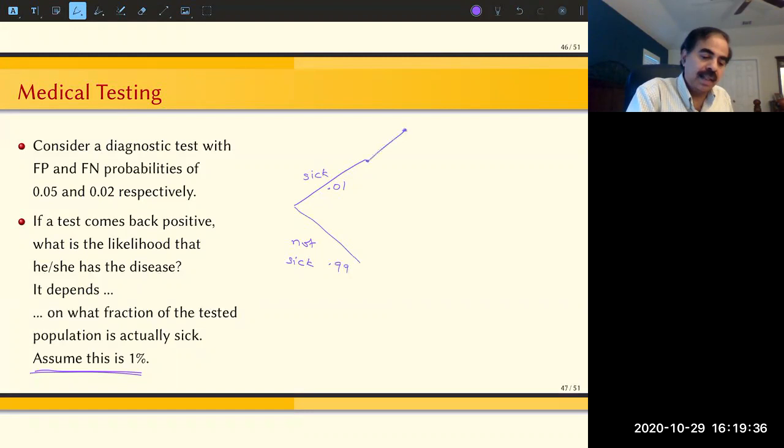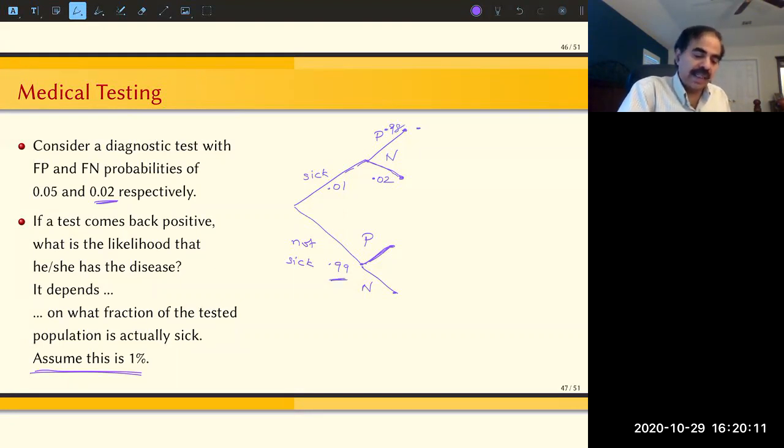And then positive, negative, positive, negative. So this is the person is sick, and it comes back negative, so that's a false negative. Given the information that we have, this is 0.02, which means that this is going to be 0.98.